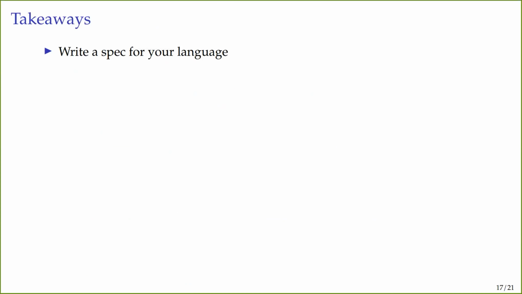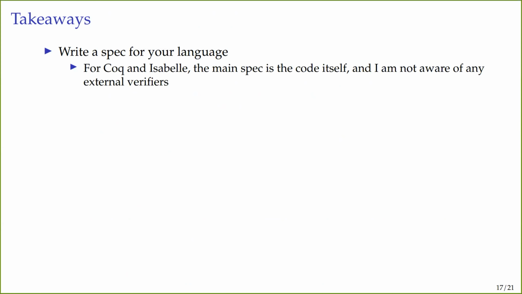So the takeaway I want you to take from this is that really, first write a spec for your language, please. For Coq and Isabelle, the main spec is the code, and I'm not aware, and someone should definitely correct me at this point, of any external verifiers for Coq and Isabelle.